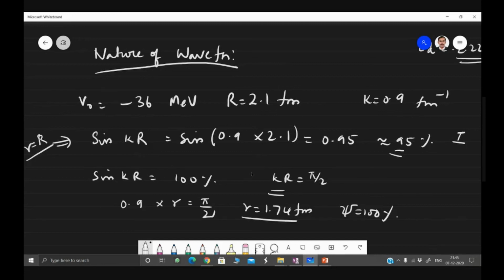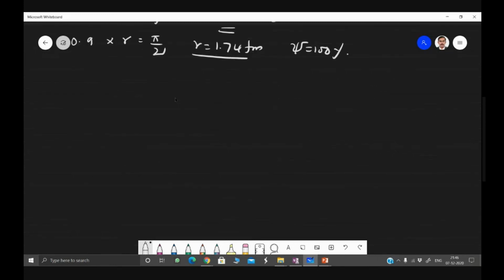And for this value of pi by 2, the distance will be estimated by substituting the value of K into r is equal to pi by 2. So we can roughly find the value of r to be 1.74 Fermi. So this is our wave function plot. Let us say this is at a point r is equal to R.